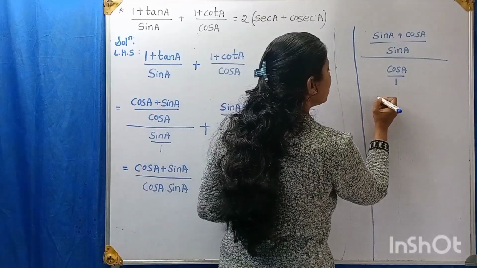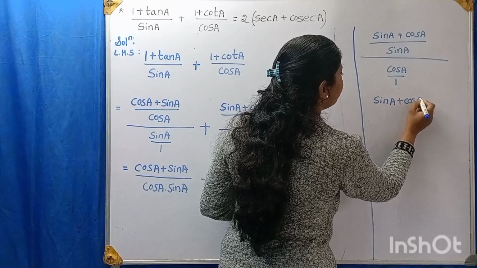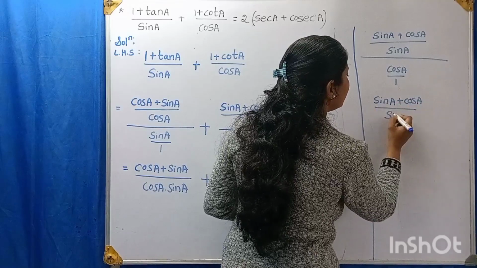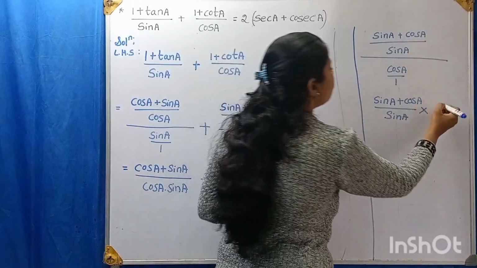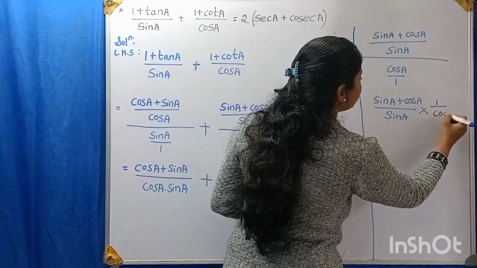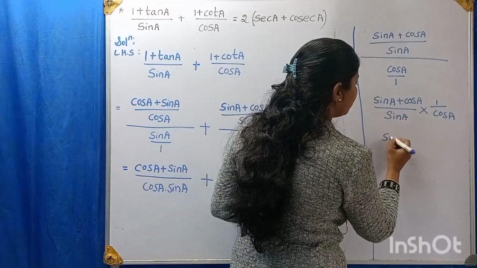We can simplify it as (sin A plus cos A) divided by sin A into 1 by cos A. Then what will it become?